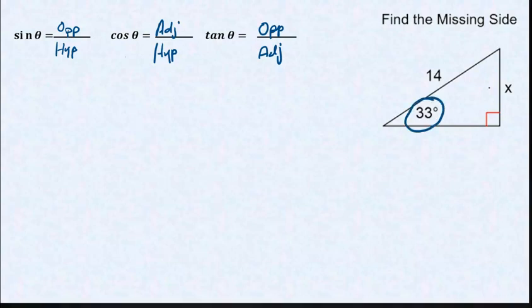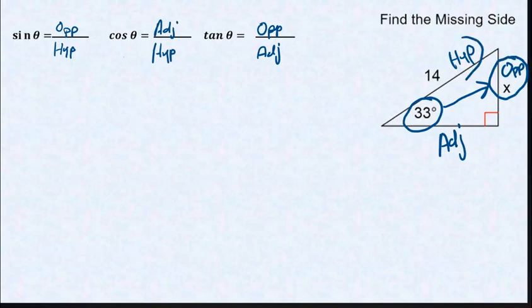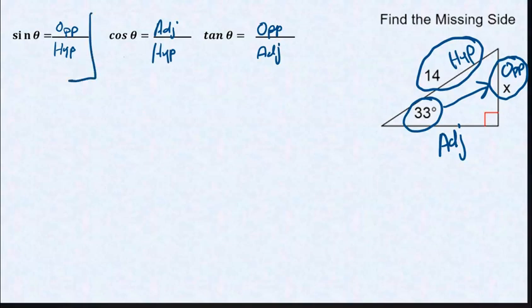I am going to circle my reference angle, which is 33, and then label the opposite leg, and then this is the hypotenuse, and what's left is the adjacent leg. In this problem, I have the opposite and the hypotenuse, so we're going to be using sine.